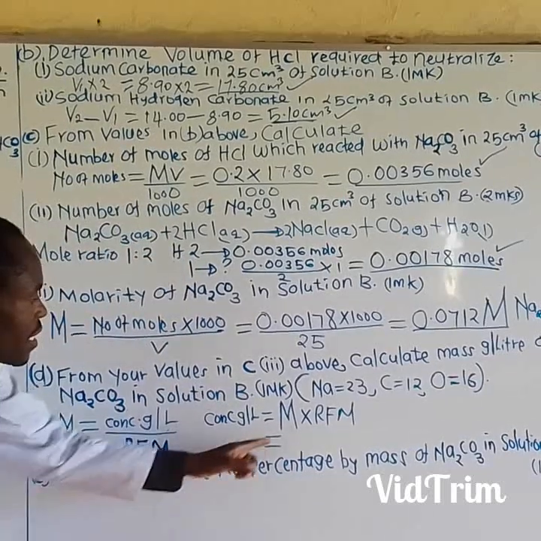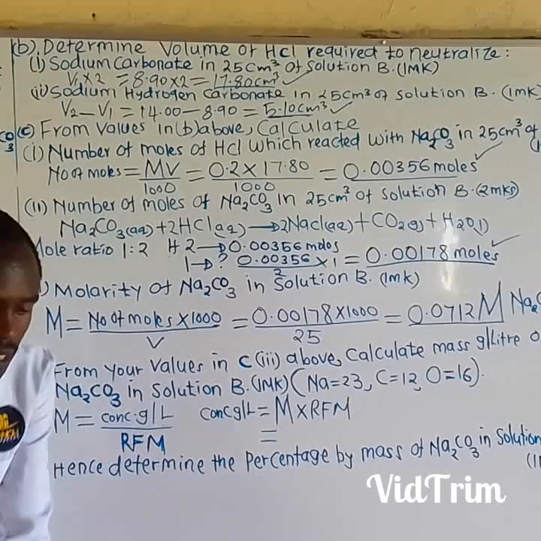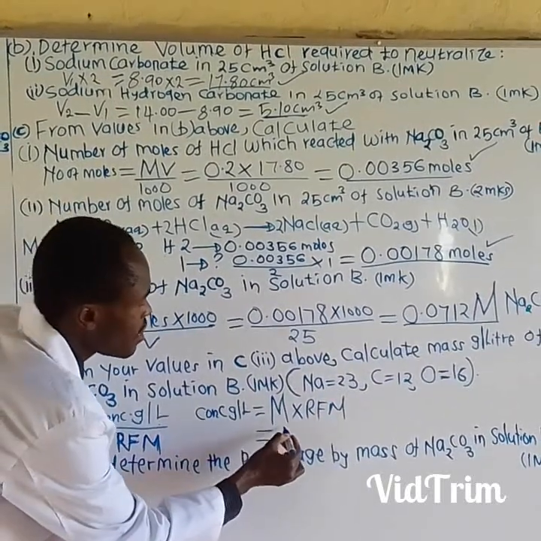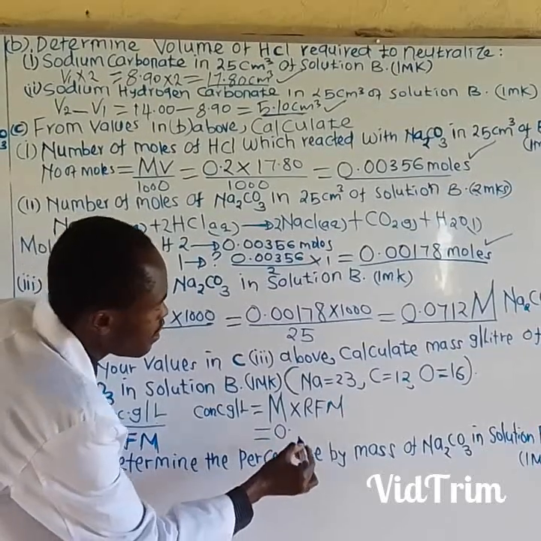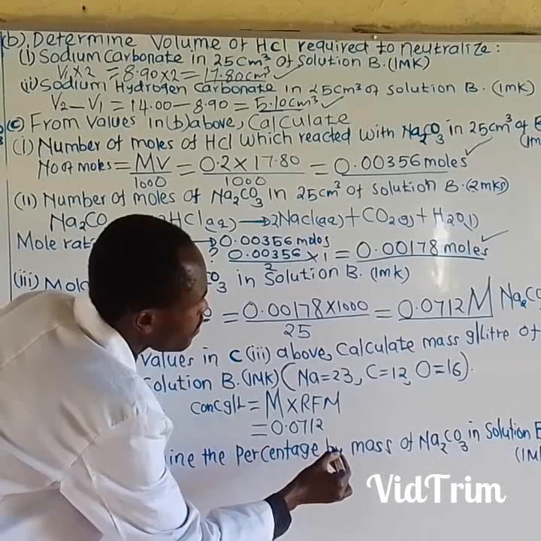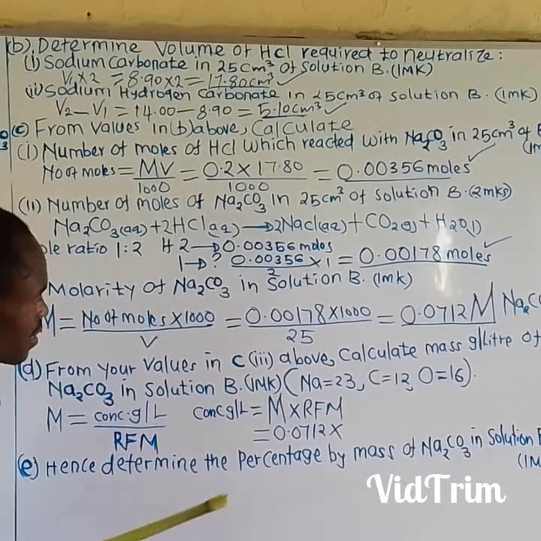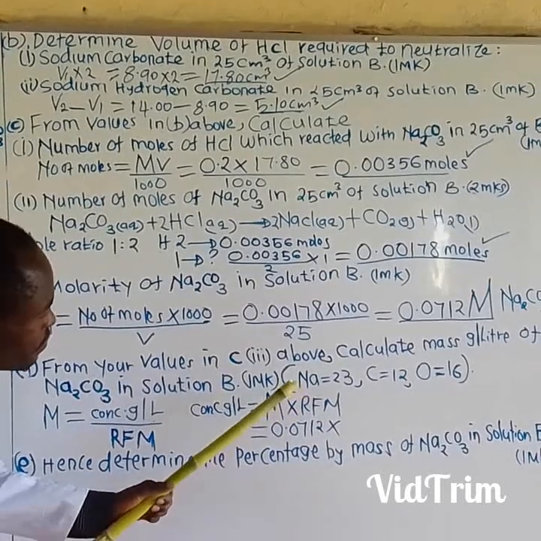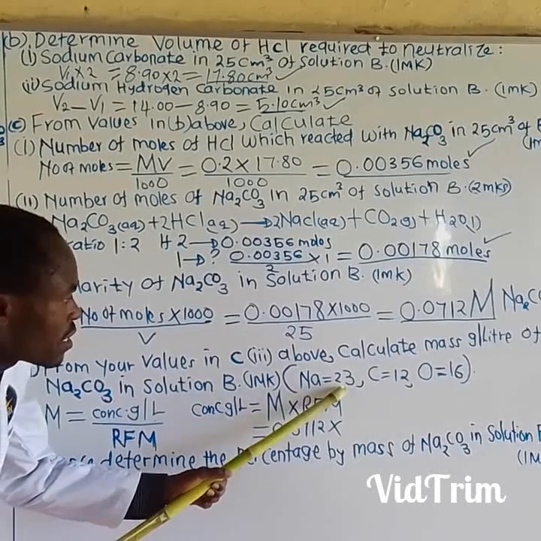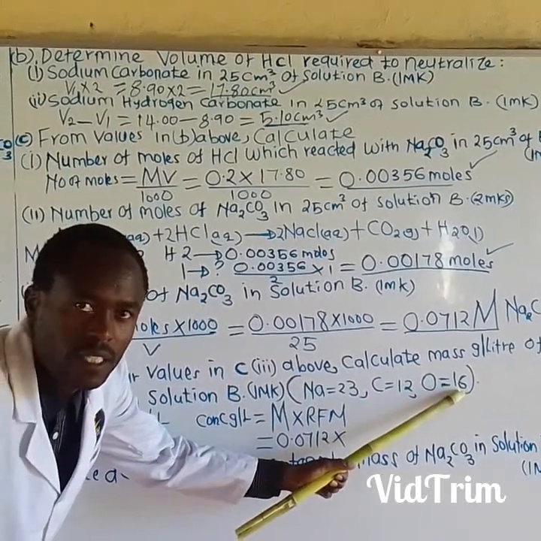Do we know the molarity of sodium carbonate? Yes, we have calculated it. It is here. Is it okay? So I just substitute where there is molarity, 0.0712. Then times RFM. For the RFM of sodium carbonate, we have been given the relative atomic masses of these atoms. Sodium is 23, carbon is 12, oxygen is 16, isn't it?